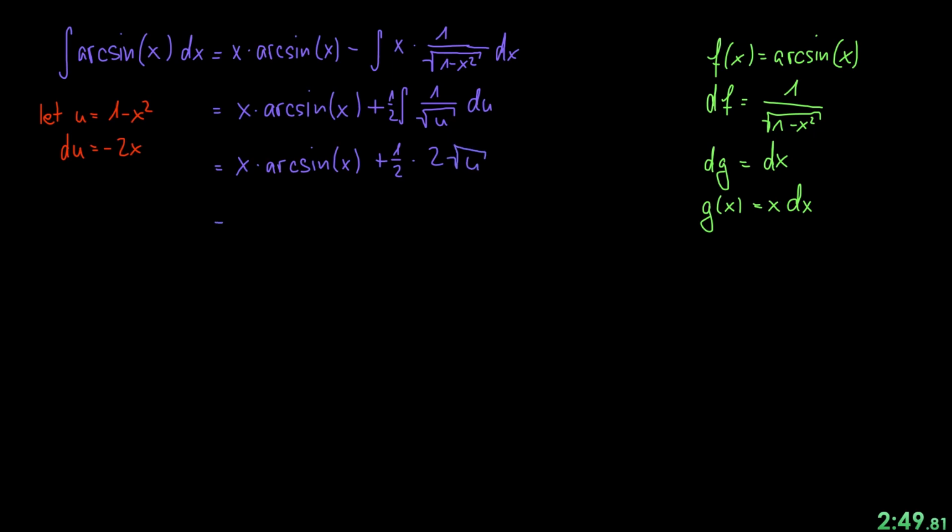Now we're just going to do a little resubstitution, which gives us x times the inverse sine function of x plus the square root of 1 minus x squared. And let me put a plus c at the end for the first time in the entire series, because I forgot it every time before.